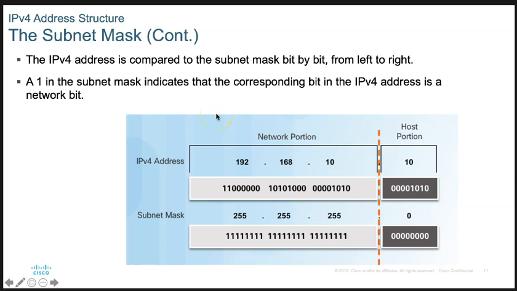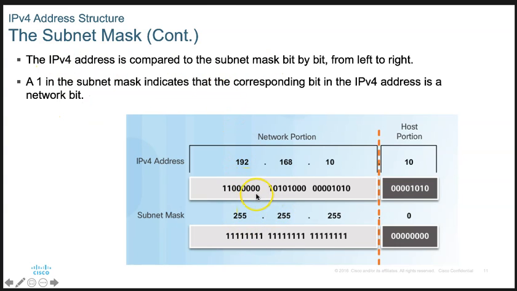Now, the next question is, how does a computer find the subnet mask? The computer has to do some mathematical procedure, has to do math in order to figure it out. Now, you may ask me, what is the job of a subnet mask?